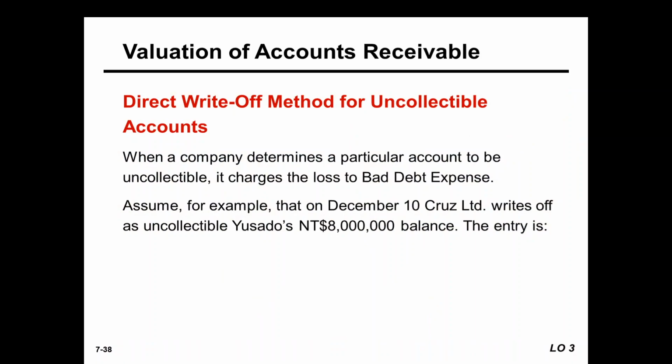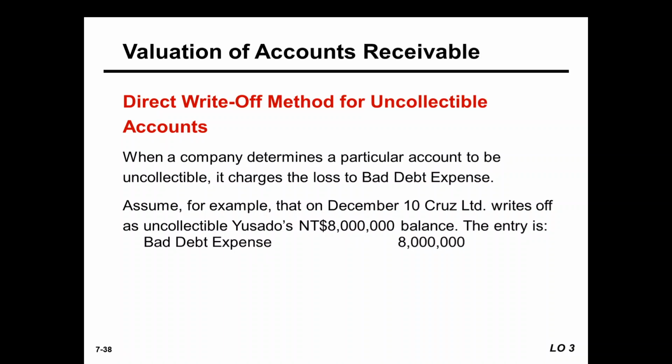So this is an example of the direct write-off method. Assume that on December 10, Cruise Limited writes off an uncollectible account receivable of USADO as much as 8 million dollars.